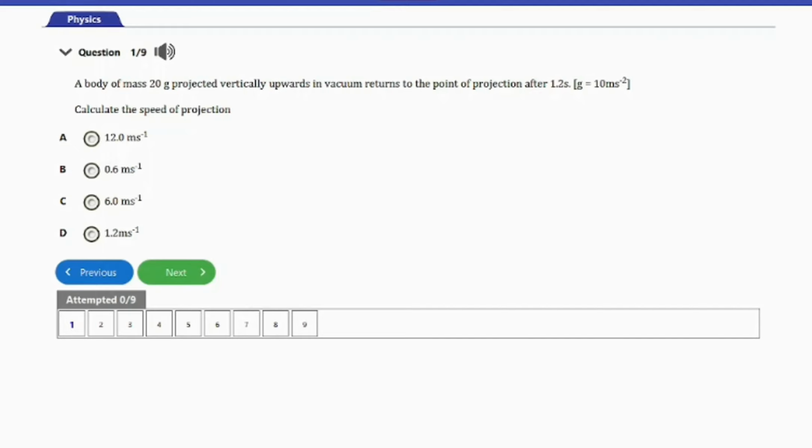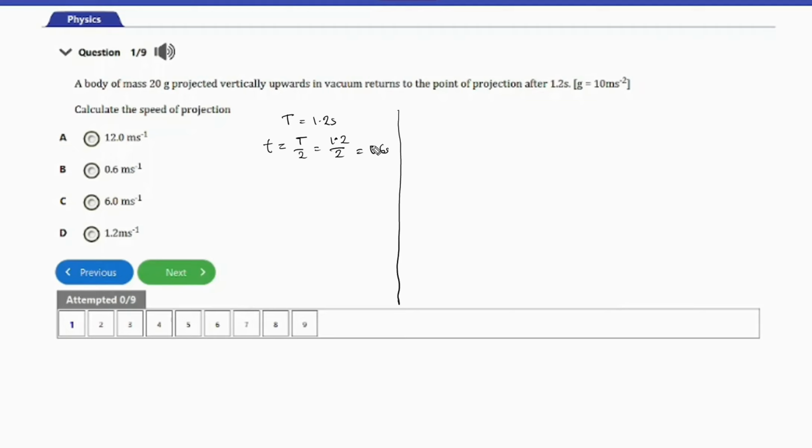Let's note that the time here, 1.2 seconds, is the total time taken for the entire flight, and that's capital T. In order for us to know the time taken to reach the maximum height, that is the small t, it is equal to the total time over 2, that's 1.2 seconds over 2, which is 0.6 seconds.